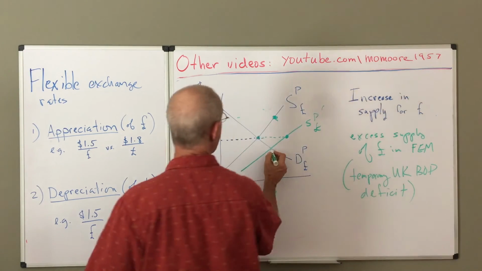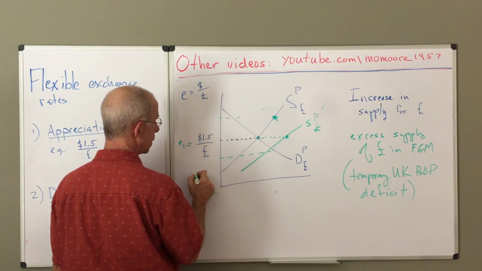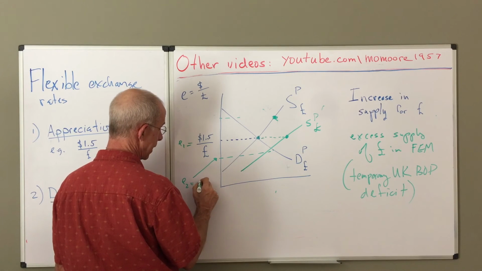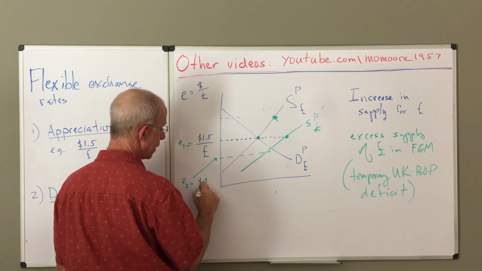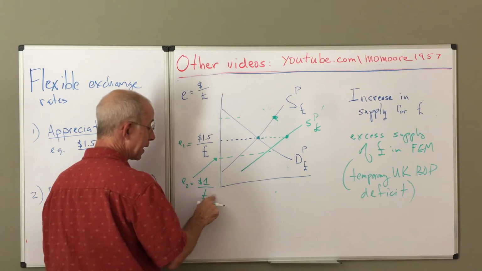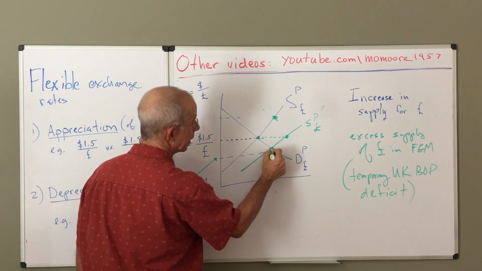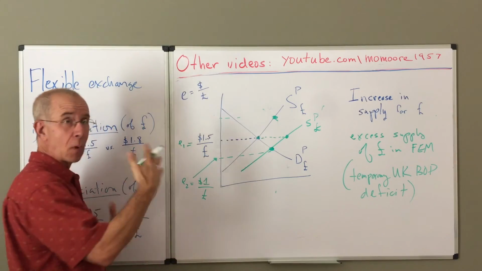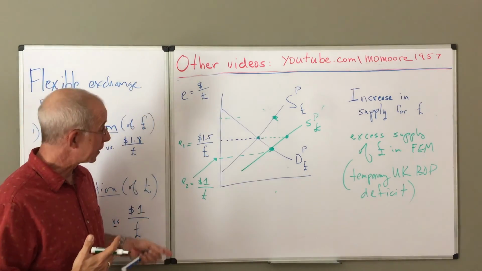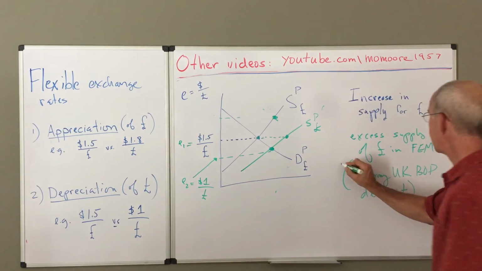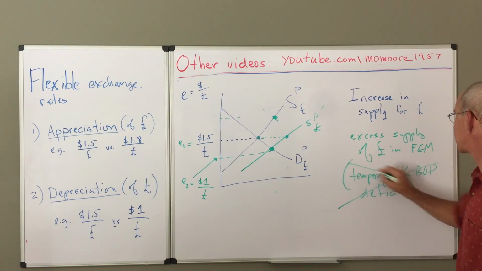For example, coming down to a new exchange rate of, say, $1 per pound. Again, that number is taken out of the air, but you have the market operating to change the exchange rate and eliminate this balance of payments deficit.